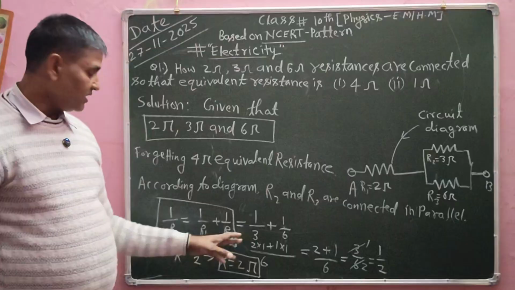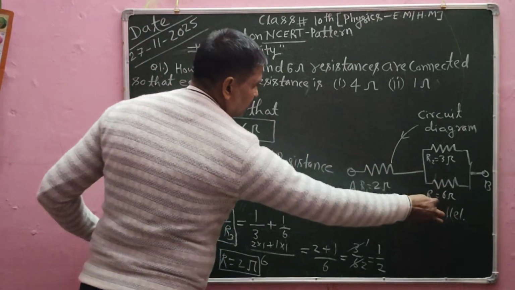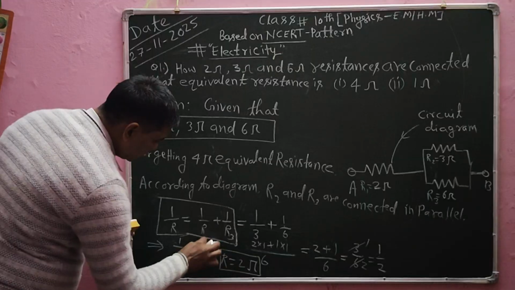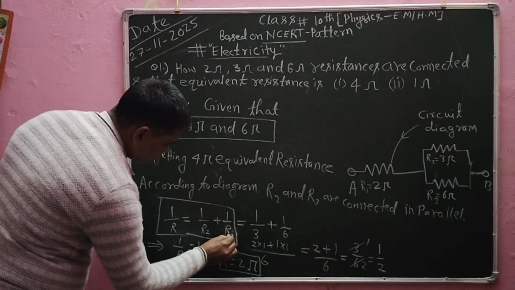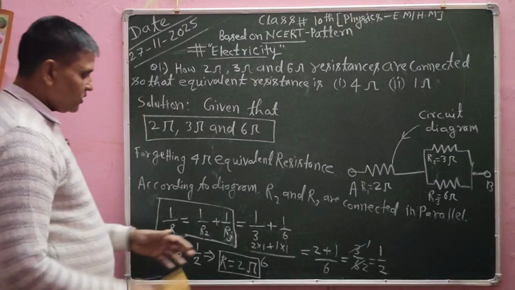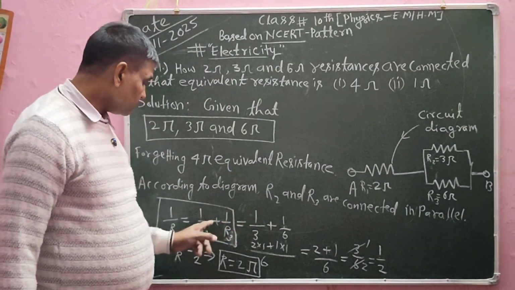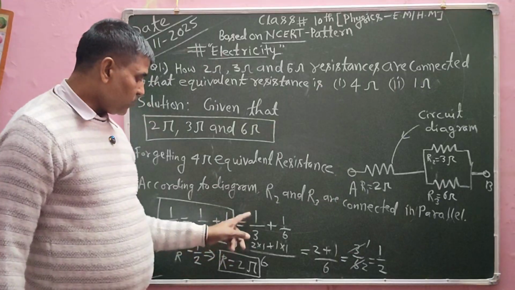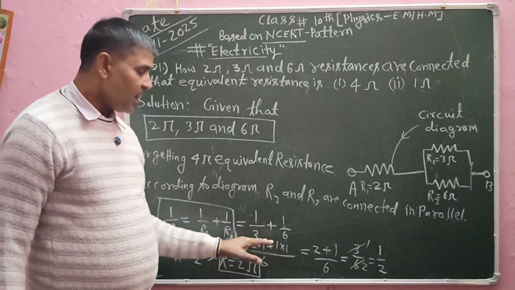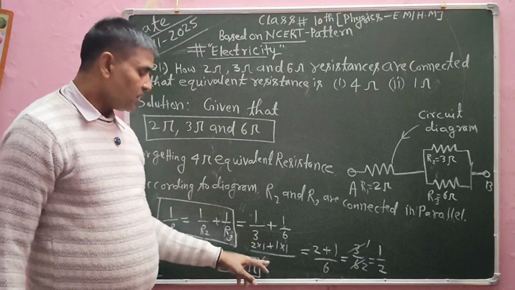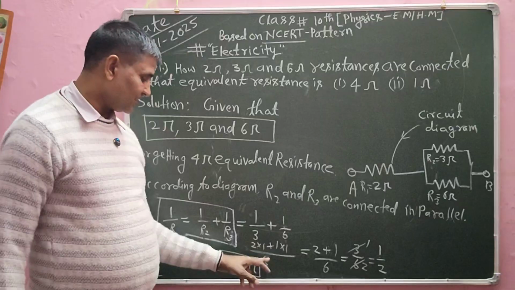I have substituted the values of R2 and R3 in the formula: 1 by 3 and 1 by 6, and I have taken the LCM of 3 and 6, which is 6.